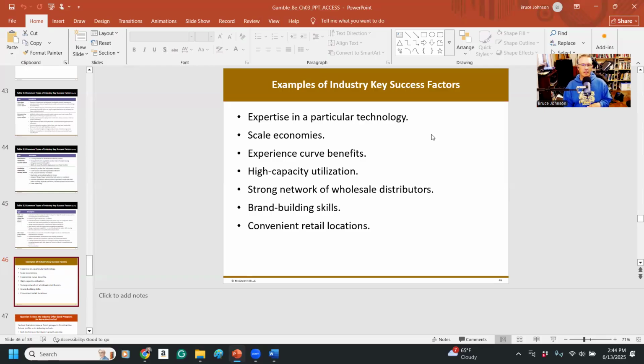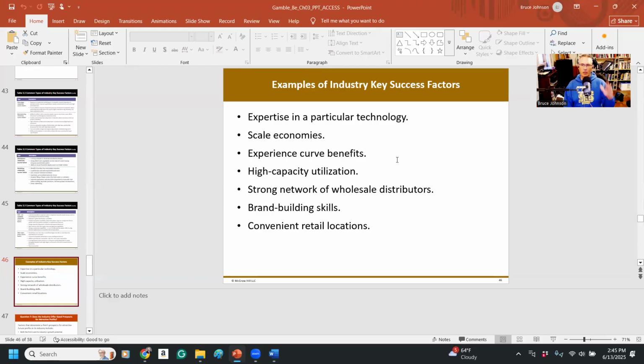Examples of industry key success factors. There's increased learning of particular technologies and therefore establishing expertise, and economies of scale. If you've heard of a learning curve, over time, companies get better and better at whatever it is they're producing. Once they get there, they can do it more efficiently and more effectively with fewer resources.